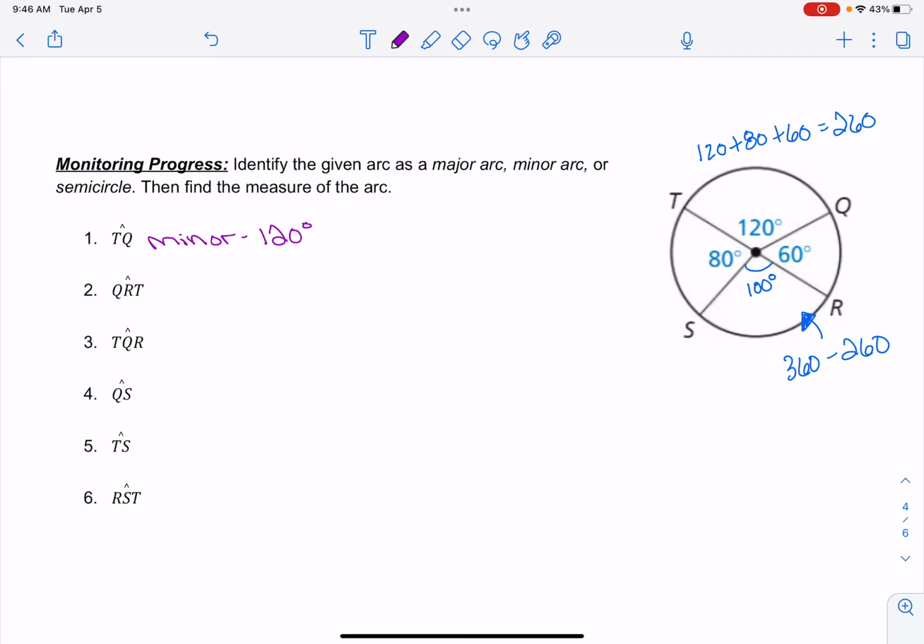Q to R to T. So Q to R around to T. Notice the only piece we're missing in that measurement is this 120. So we can just do 360 minus 120, and that gives us 240. 240 is going to be a major arc because it is greater than 180.